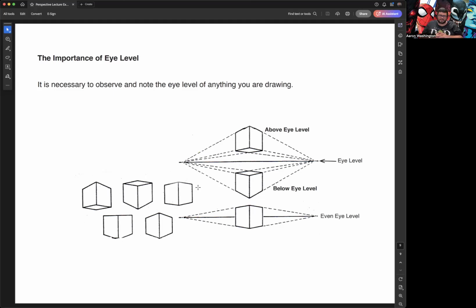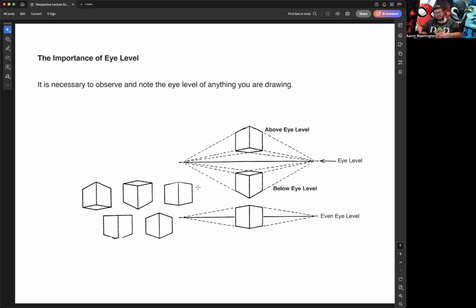This is something that comes with a lot of practice. But perspective is one of those things where over time you start to build up a creative vision within your mind, realizing, okay, if something is in this space and I'm looking at it from this angle, then how is that going to look as far as the 3D depth of that object?